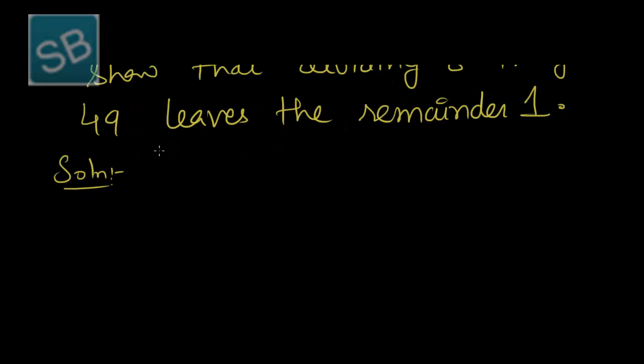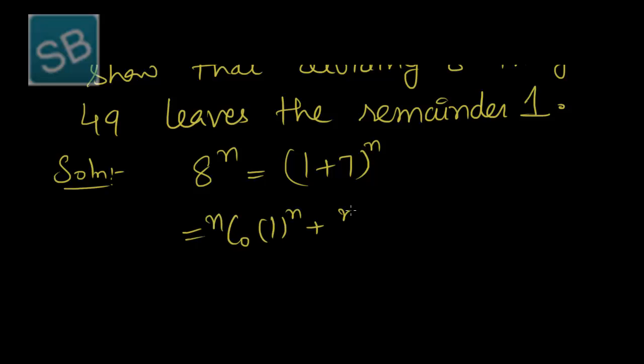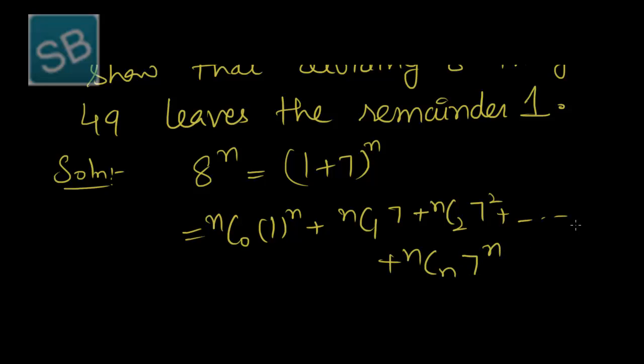So in such type of problem we take 8 raised to power n, because we know the formula in binomial expansion, a plus b raised to power n. Then factorize 8, that is 1 plus 7 raised to power n. So we get by the binomial expansion nC0 1 raised to power n plus nC1 into 7 plus nC2 into 7 square plus so on, nCn 7 raised to power n.